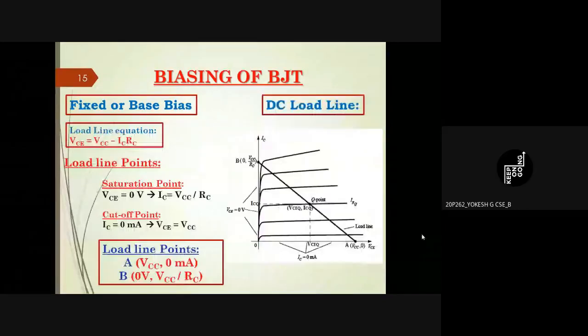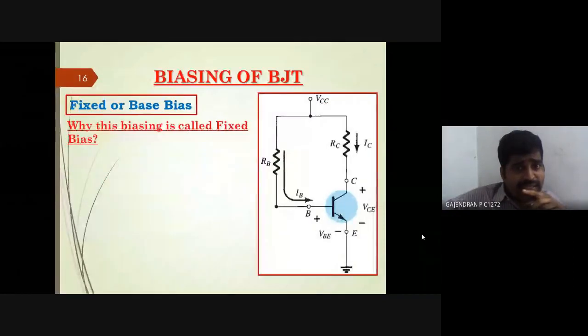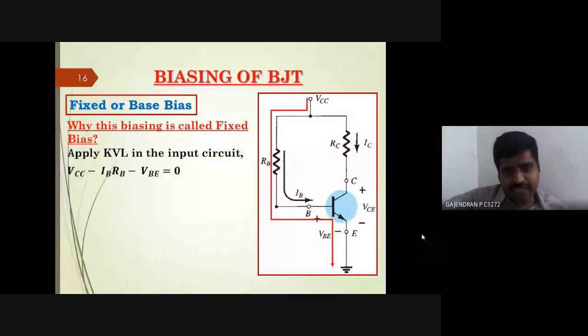Yes. Now, why is the biasing called fixed bias? Can anyone tell me? Any guess from your side? Why is it called a fixed bias? If you apply KVL in this circuit, this is the equation you will get.